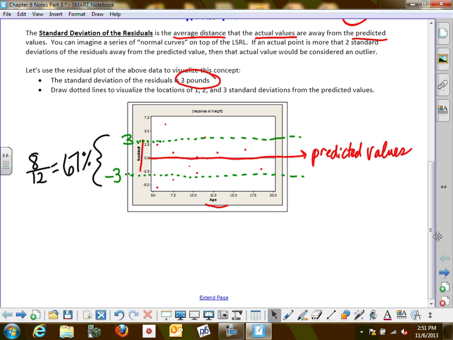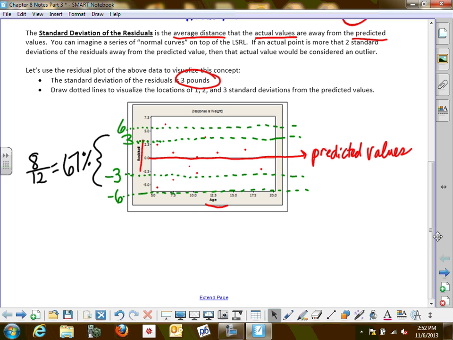Let's do 2 standard deviations out. Where's that going to be? 6 pounds above predicted is 2 standard deviations up. 6 pounds below predicted takes you to this bottom axis here.